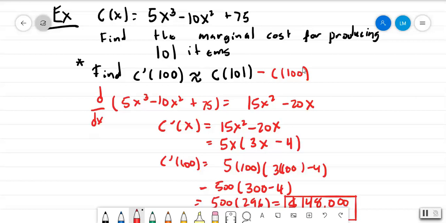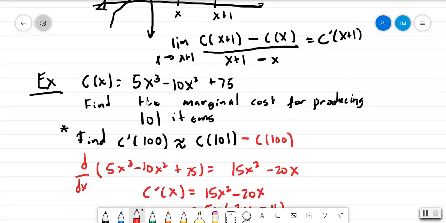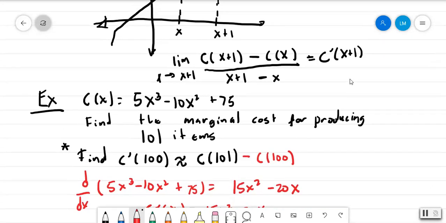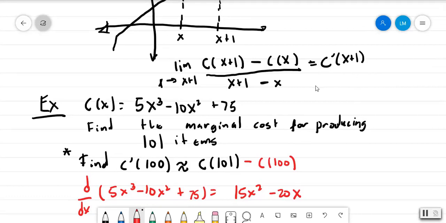Yeah, so I think that's why I was getting a little confused on the derivation back over here, because essentially this is telling me that the change in the cost, so if I have c of x plus 1 minus c of x, that's actually the same thing if you just do the derivative of the cost function.